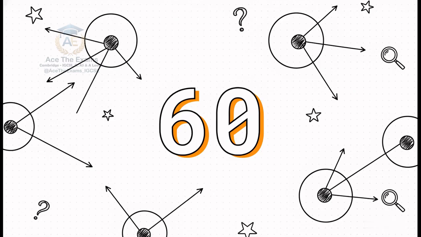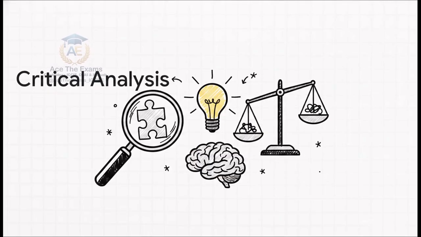The core trend you needed to spot? The atom is mostly empty space, but it has an incredibly dense, positive core. That's the golden ticket. Now, to execute that successfully in a written, paragraph-style answer, you absolutely must meet some very specific critical analysis requirements. Top-scoring candidates constantly demonstrate what we call evaluative thinking.